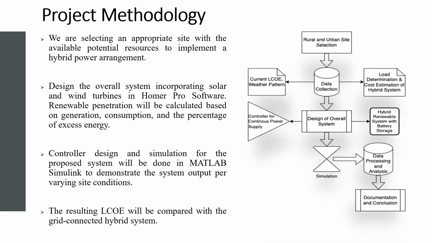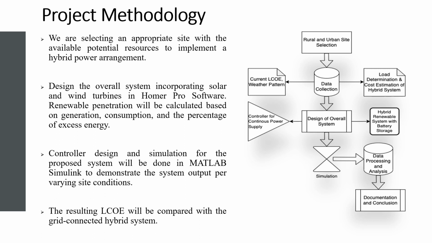In this project methodology, we are selecting an appropriate site with available potential resources to implement a hybrid arrangement. The design of the overall system incorporating solar and wind turbines is done in HOMER Pro software, and the renewable penetration will be calculated based on the generation, consumption, and percentage, and it was done in MATLAB.